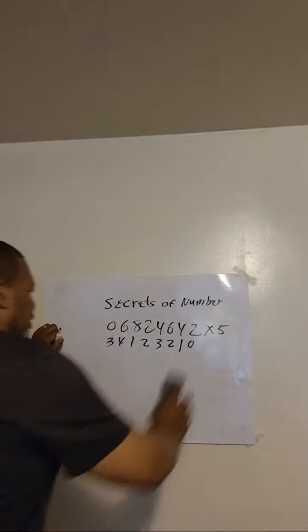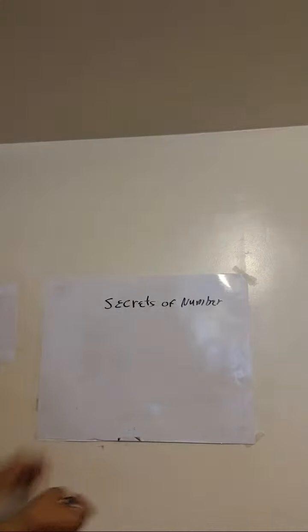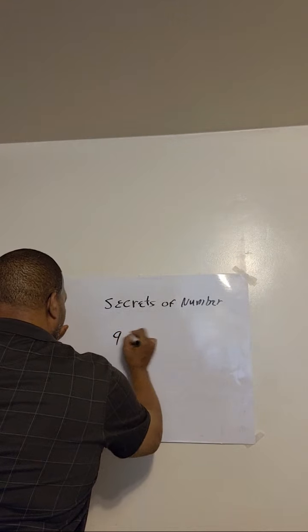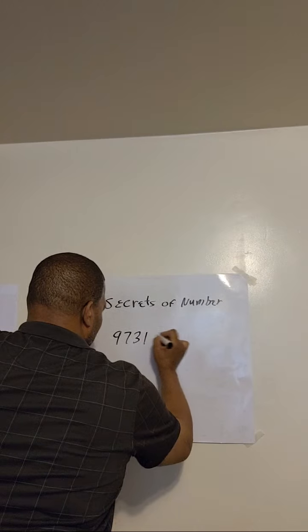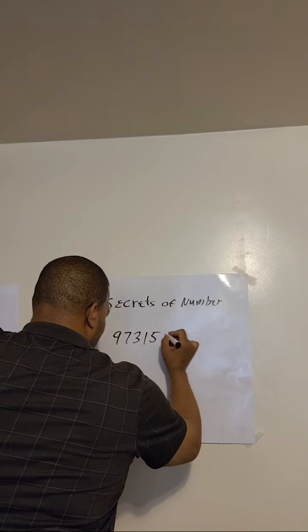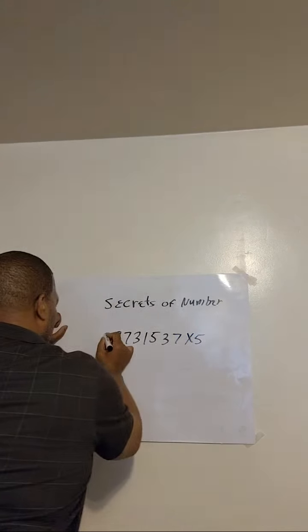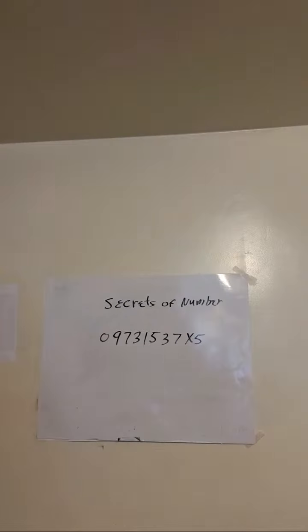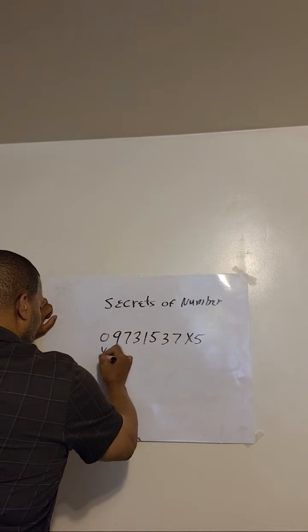Now, let's do an odd number. Let's do anything. 9, 7, 3, 1. Let's do 5, 3, 7 times 5. Put our placeholder. Taking our time. We know that this is really an 8, so it's 4 to 0.